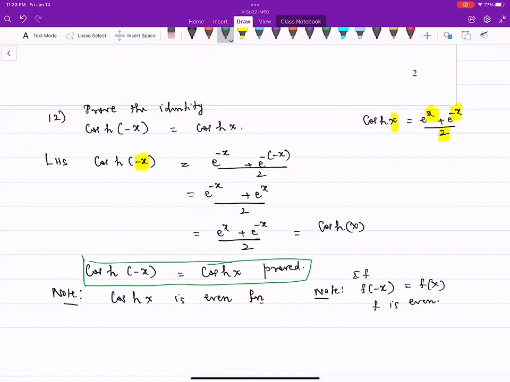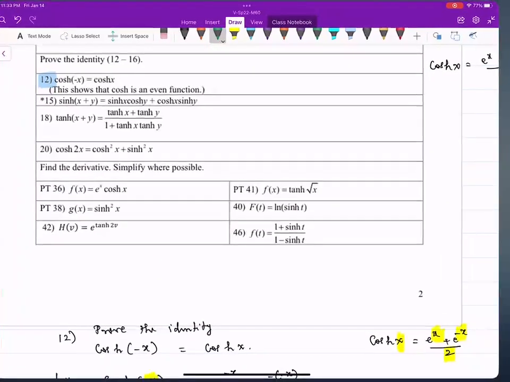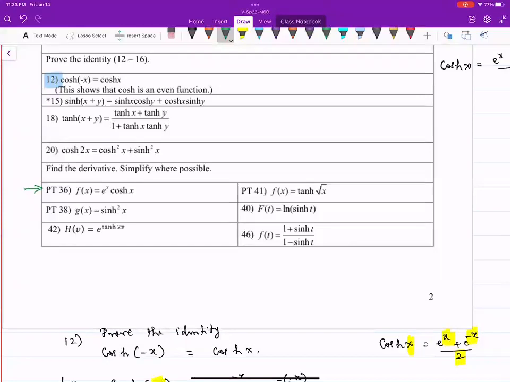Now let's try some derivative problems. Problems based on the derivative. Let's try practice test number 36.